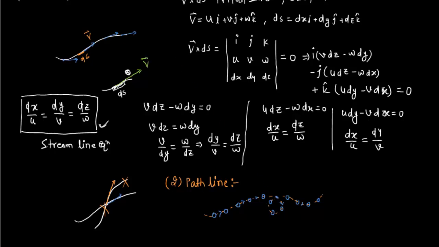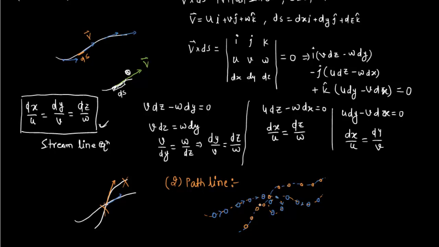So if you take two different fluid particles, and this is another path line, this is the path traced by another fluid particle over the time interval during the course of motion, and it is possible that at one particular time two particles are tracing the same point.